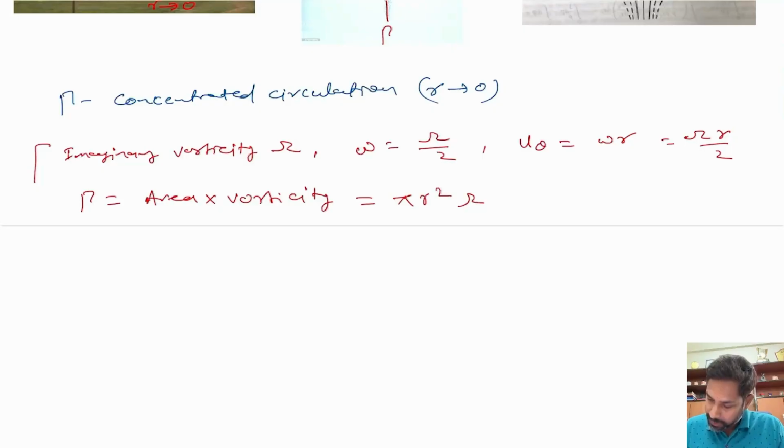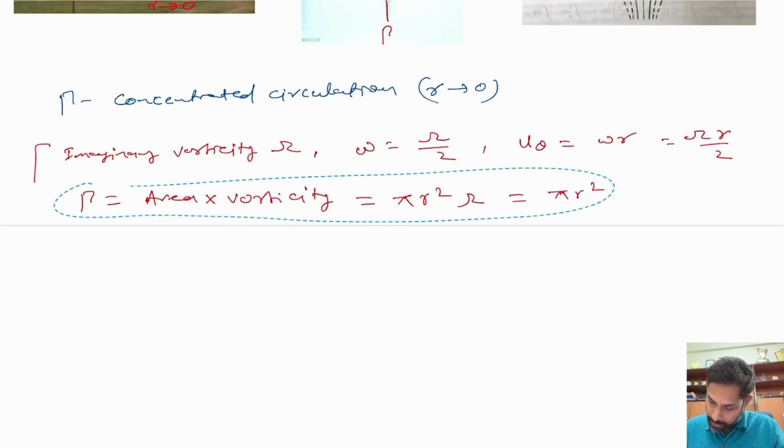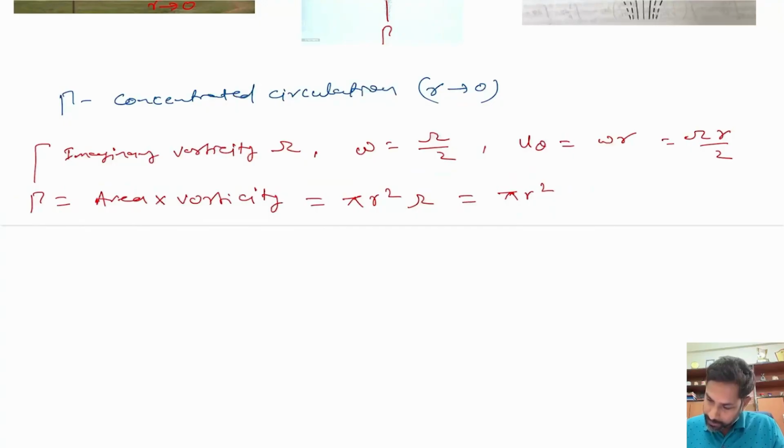So if it is pi r square, let's first define omega with respect to u theta. This gives us omega as 2 u theta over r.